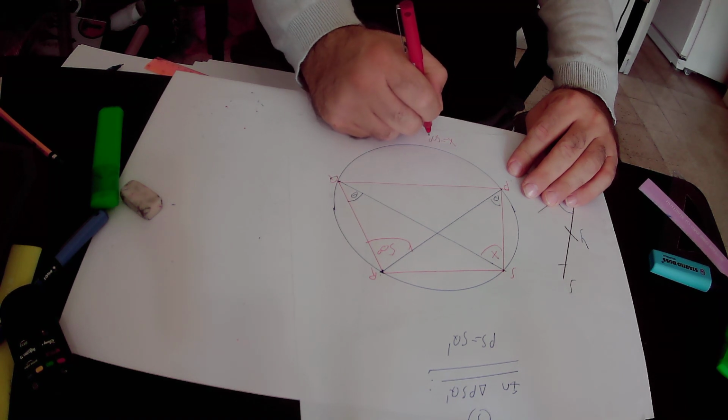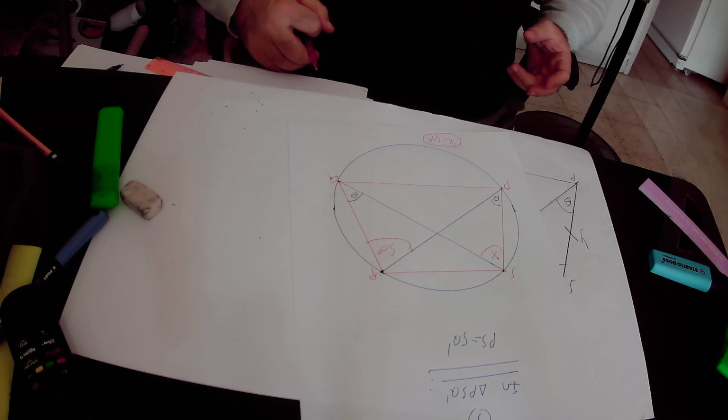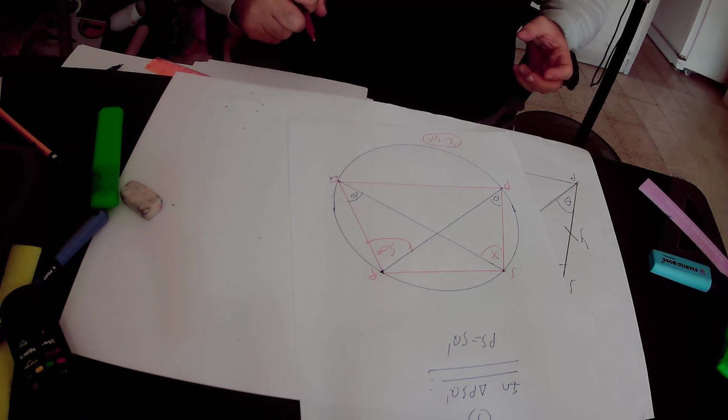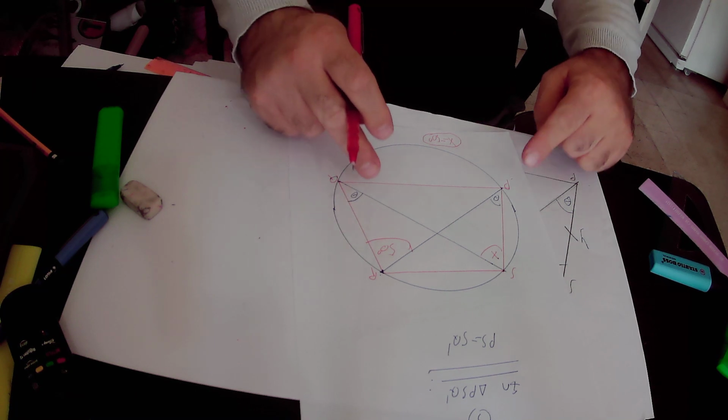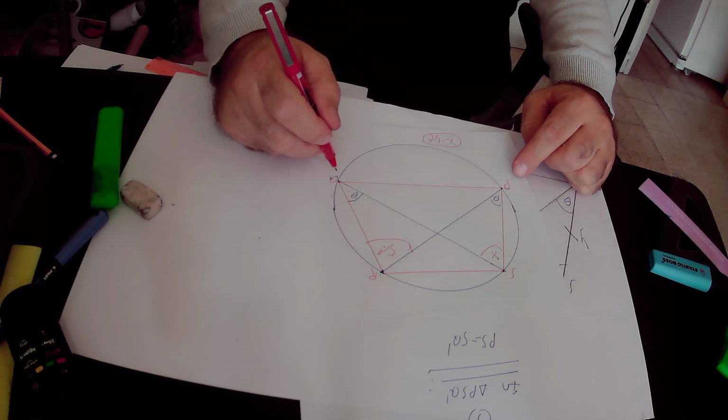Again, according to rule number 2, peripheral angles that subtend on the same chord are equal to each other. Those two peripheral angles X and 50 degrees subtend on the same chord PQ, therefore they are equal to each other.